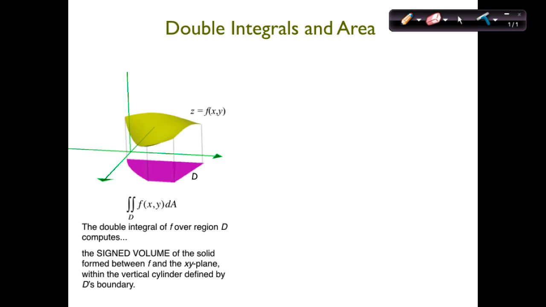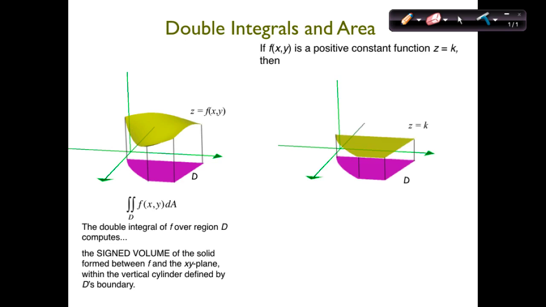Okay, so that being said, suppose f is a positive constant function, right? So suppose f of xy is just z equals k. Then what would the double integral find? It would still be signed volume, but we can say something more specific now. Just volume?